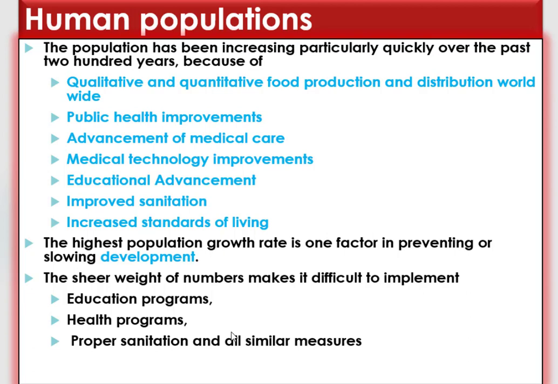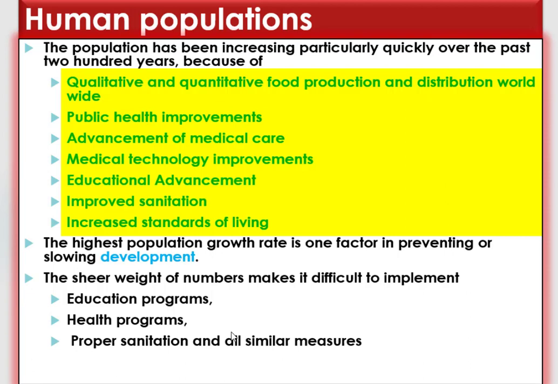Human population has been increasing particularly quickly over the past 200 years. This is due to qualitative and quantitative food production and distribution globally, public health improvements, advancement of medical care, medical technology improvements, educational advancement, improved sanitation, and increased standards of living.